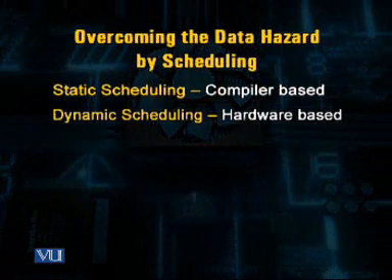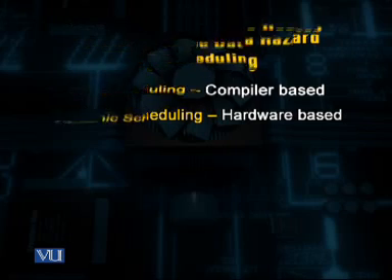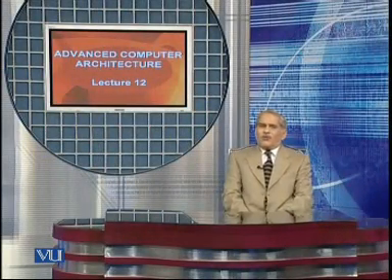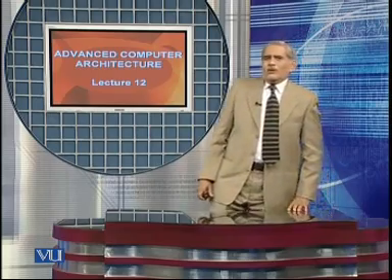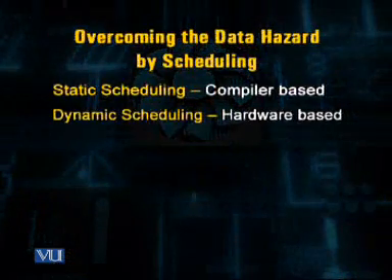This out of order completion leads to a number of other problems, which we can look into in detail by using different techniques. We can overcome the problems of data hazard by using either stall operations, or in case of floating point operations, by using a technique known as scheduling.